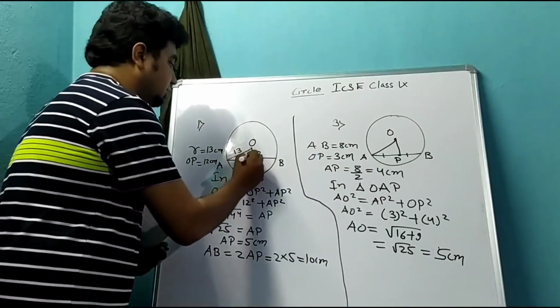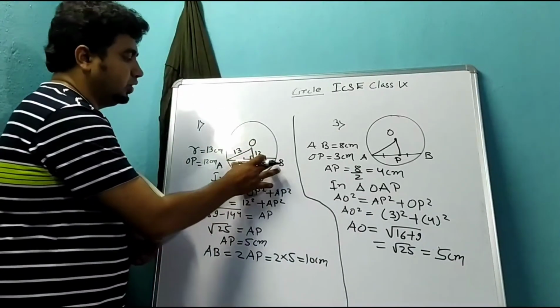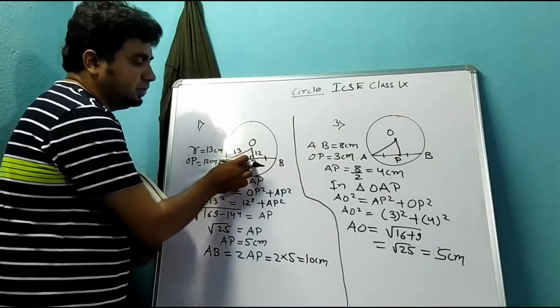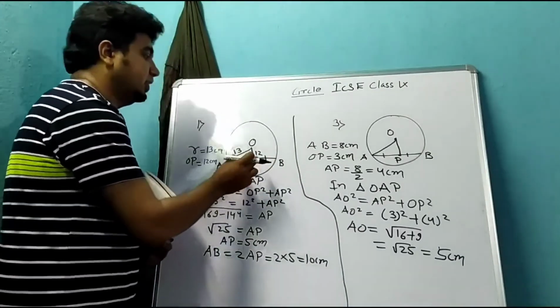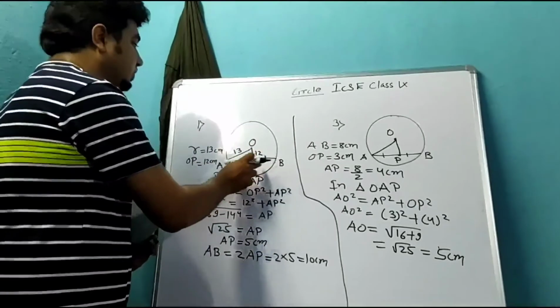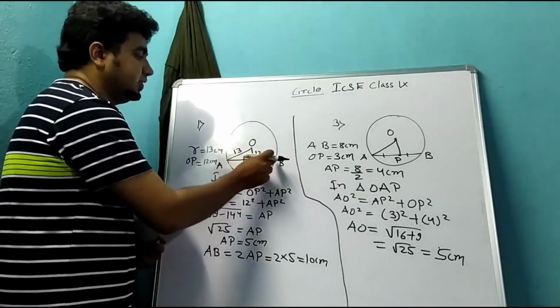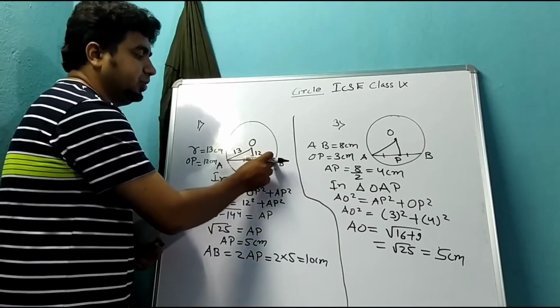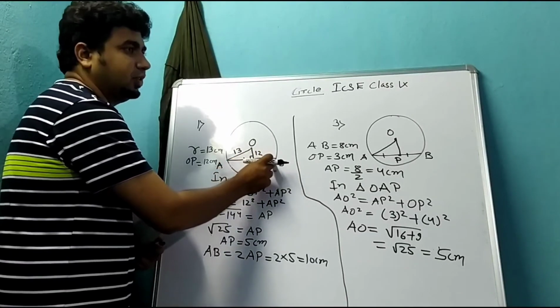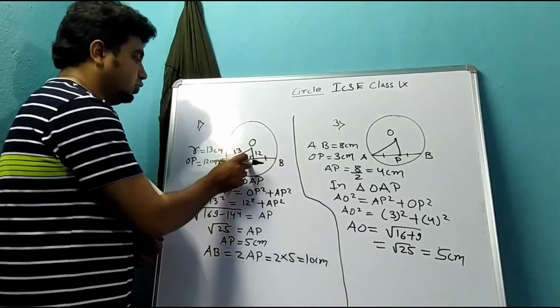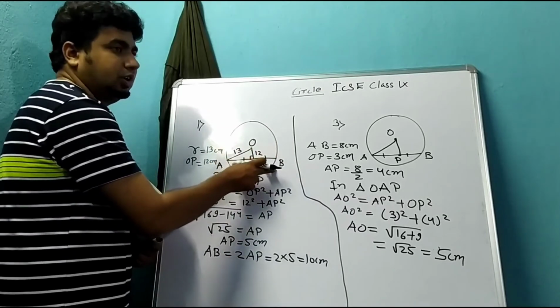We have to find the length of the chord AB, but first we will find the length AP. If I know AP, I just multiply it by 2, because AP is equal to PB. So twice AP is equal to AB.